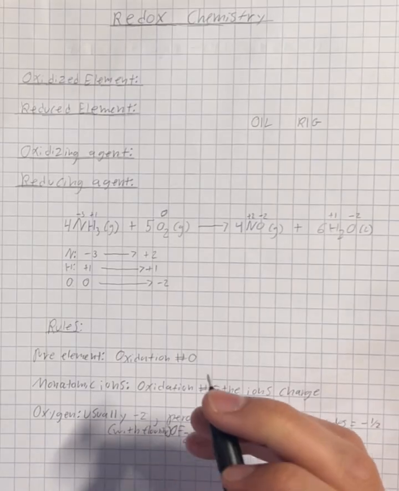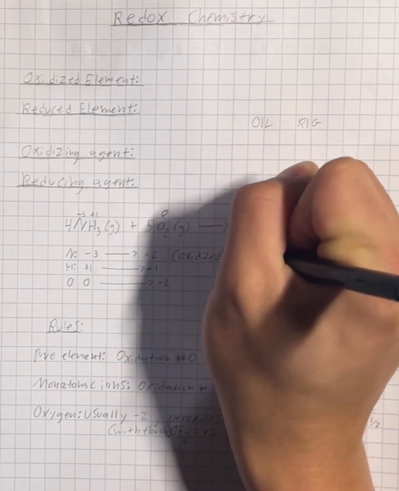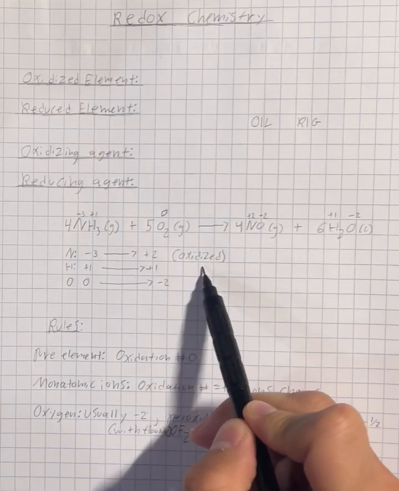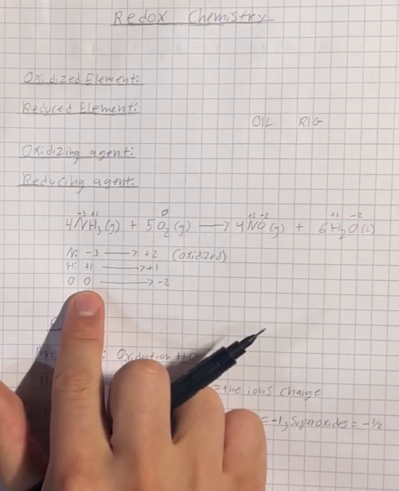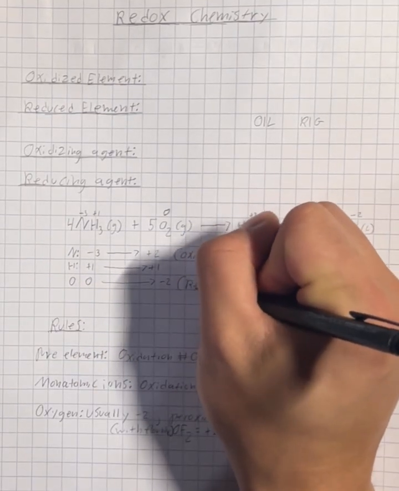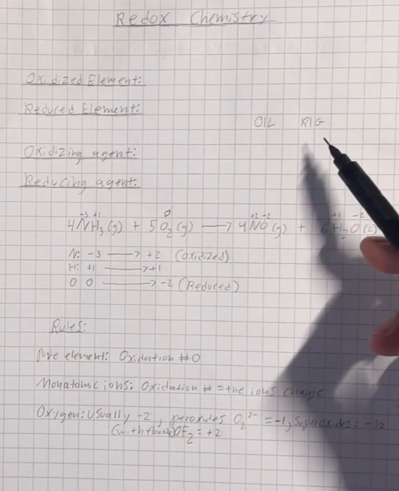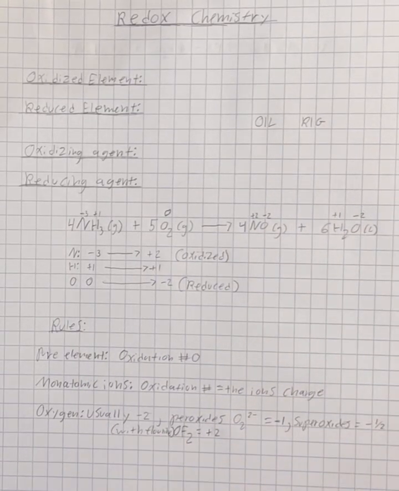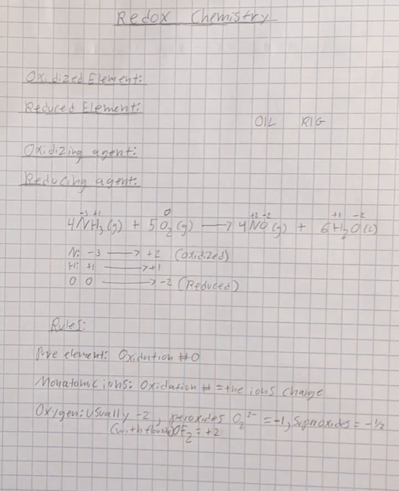So it is being oxidized. And why is that? It's being oxidized because it is losing electrons. In the case of oxygen, we start at 0 and we go to -2. So that is going to be reduced, because reduced is gain of electrons. So in this case, we are gaining electrons, and with nitrogen, we are losing electrons.